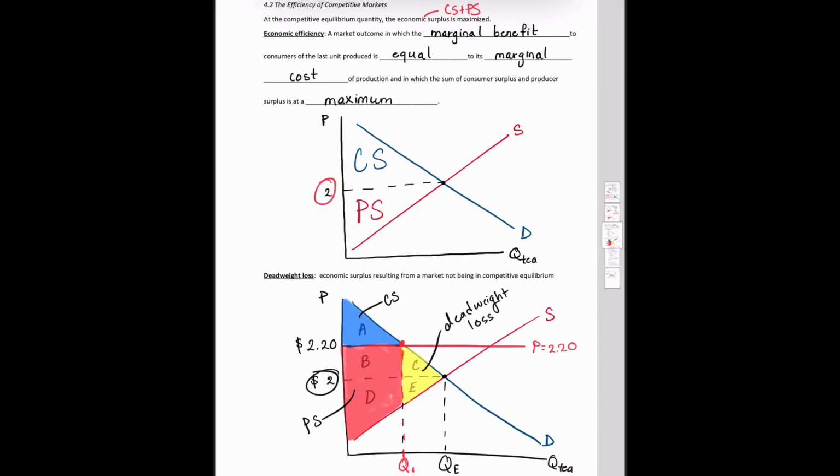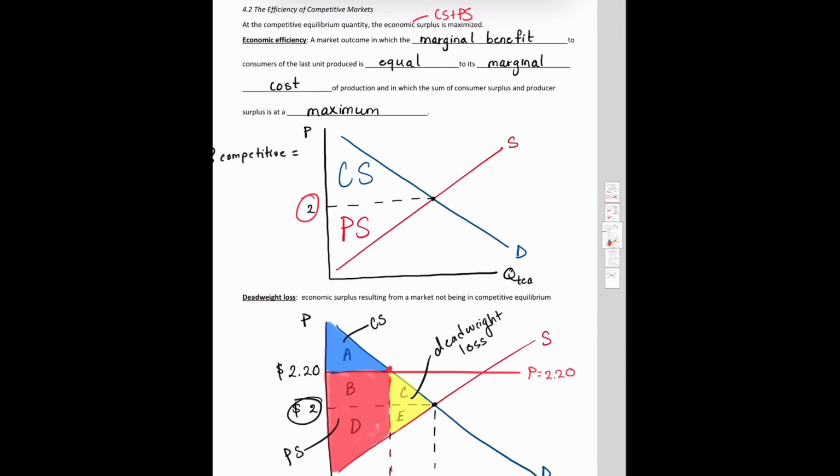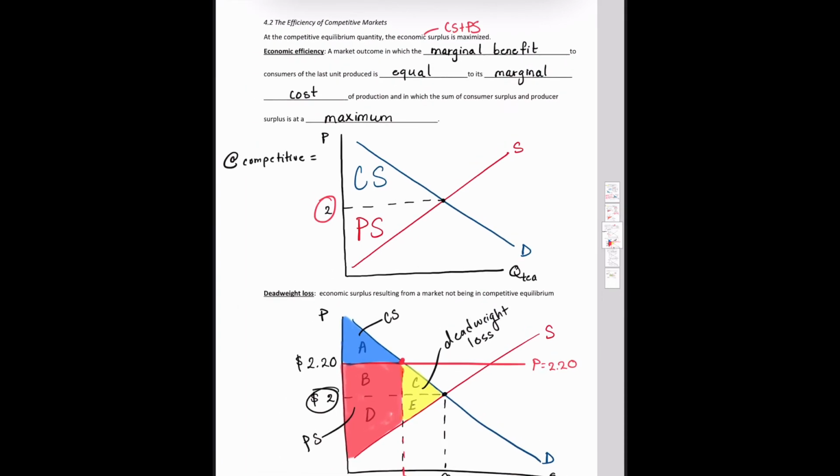Okay, so at competitive equilibrium, we have consumer surplus equal to areas A plus B plus C. We have producer surplus equal to area D plus E. However, at $2.20, excuse me, 220, what's our consumer surplus?